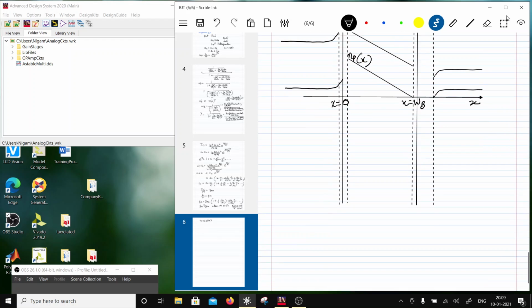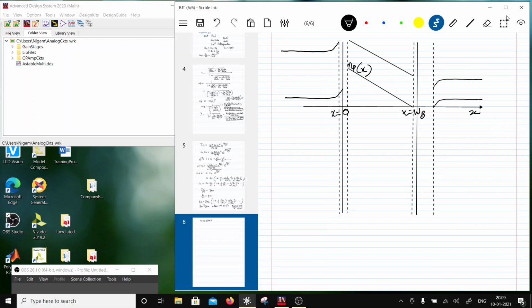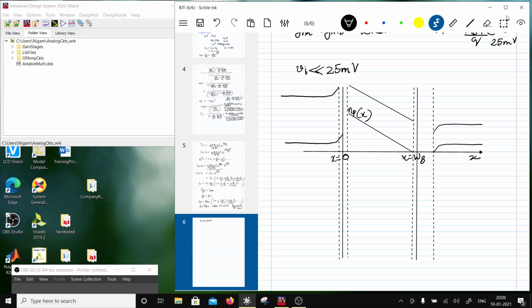Now the reason for this slope, right, is VBE. VBE causes the concentration NPX to be NPO e raised to VBE by VT.